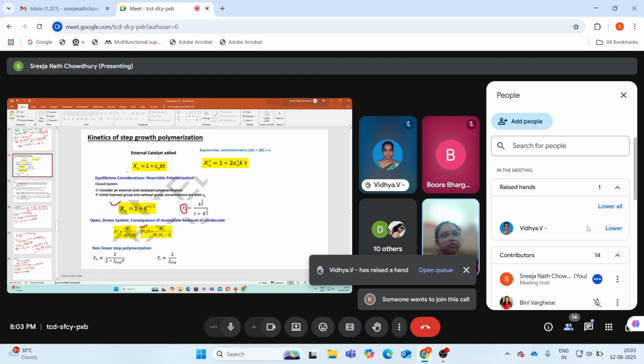There I got 0.05. In that, we have to put the value which came in question number 5. What fraction of the reaction mixture still exists as a dimer?